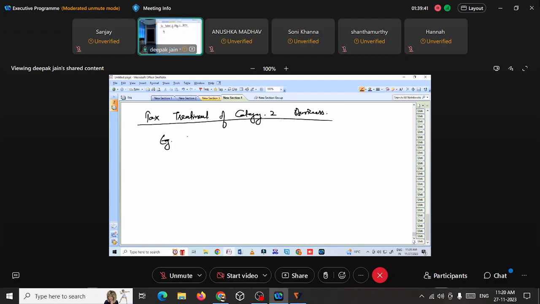Example, growing sugarcane and manufacture sugar also.